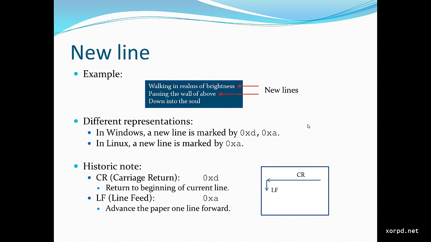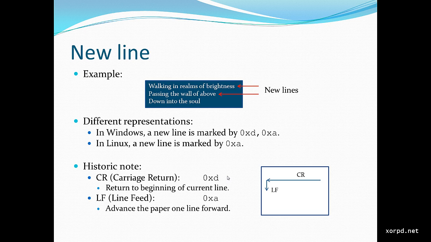Some historic note about why there would be two symbols to represent just one idea, one line. Historically, those symbols, D and A, maybe not symbols, maybe codes, were used to represent an idea of how to print something. I remind you that the ASCII code was initially used for communication.